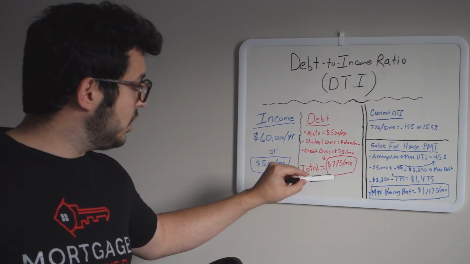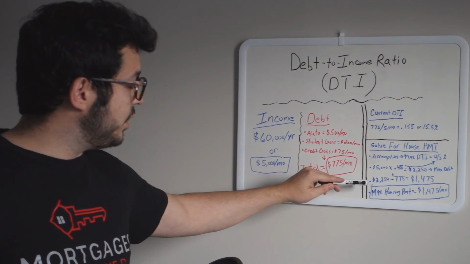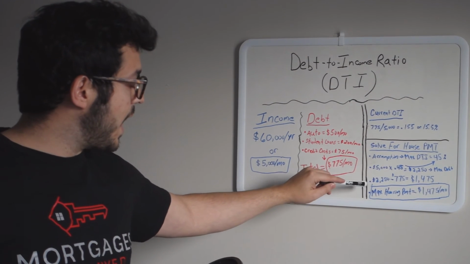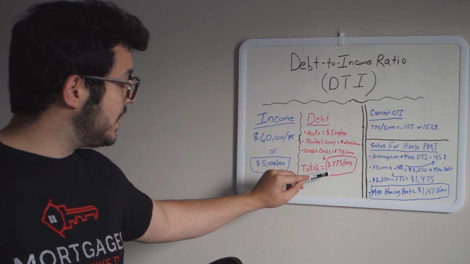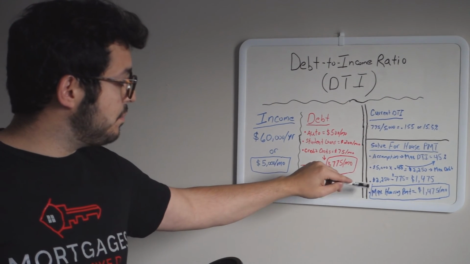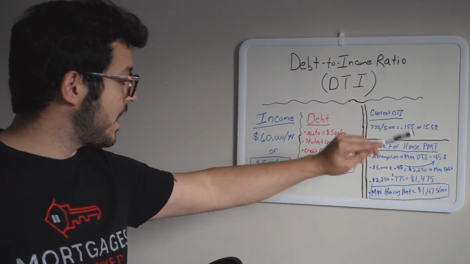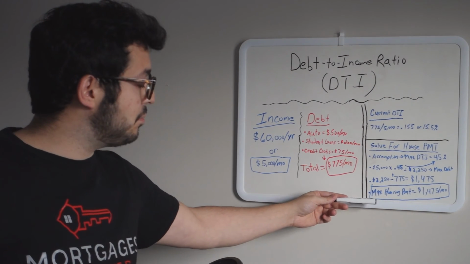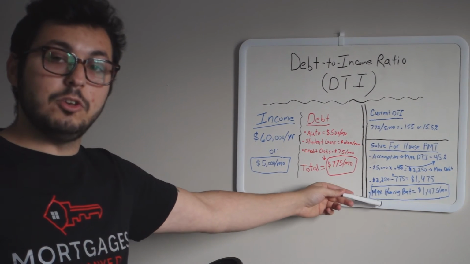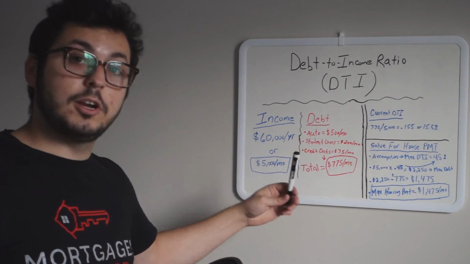So we take your maximum debt load that you can carry, which is $2,250. We just solved for that. And then we minus your current debt, which is $775. So $2,250 minus $775 equals $1,475. Now, this number is important because, as we just said, this is the maximum housing payment that you can get approved for based off of your income and your current debt.